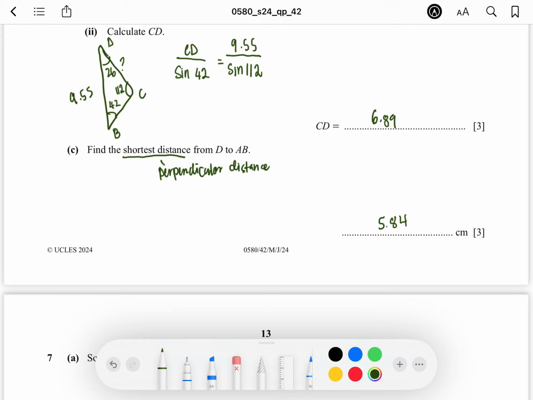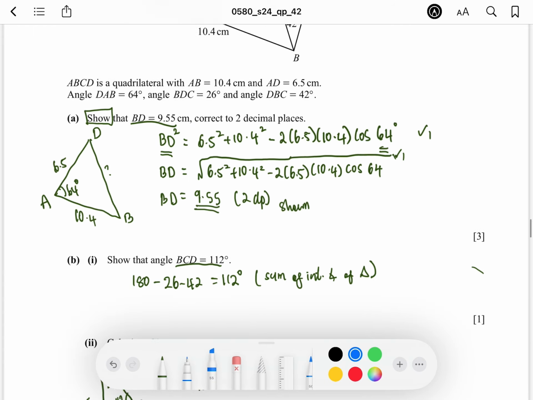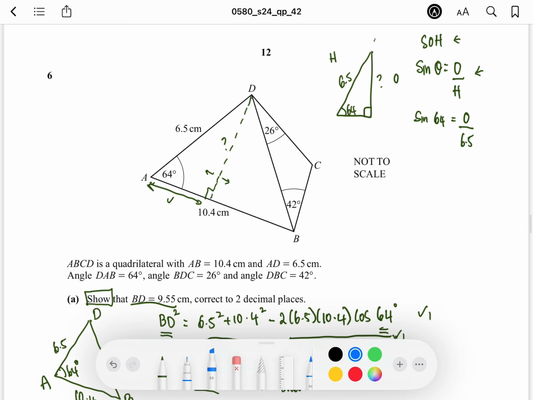Okay, let me show you the marking scheme here. If you write this, you get 2 marks. 3 kan. So that's 2 marks. But if you do not identify correctly which trig ratio, ataupun you have identified but you did not substitute it, you do not get any marks.